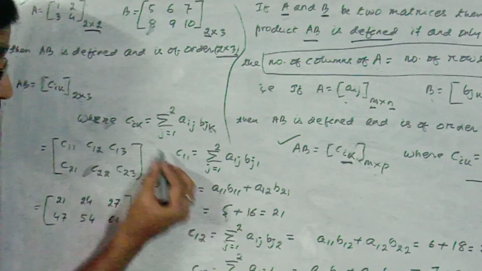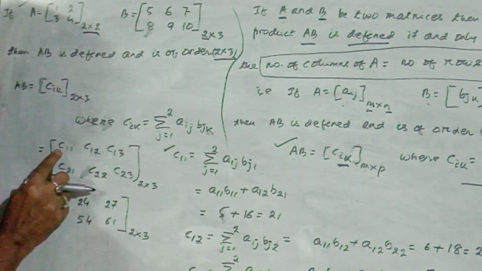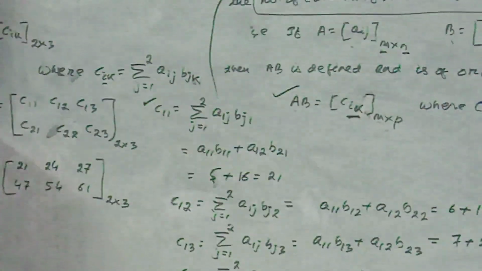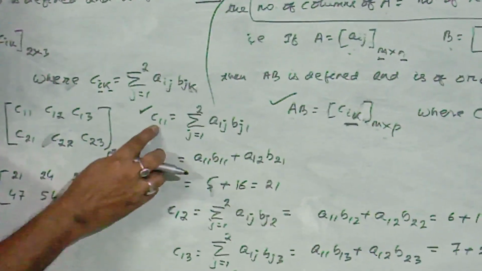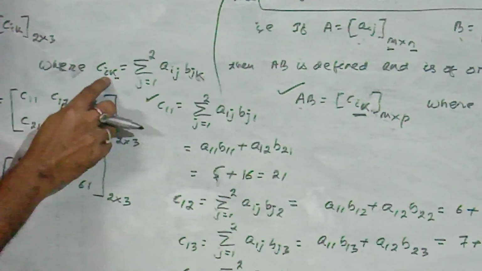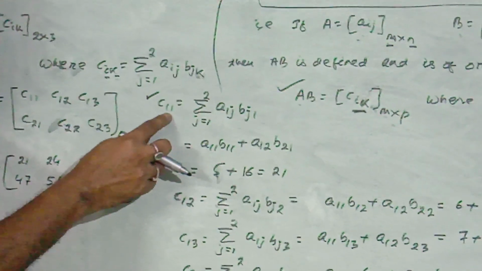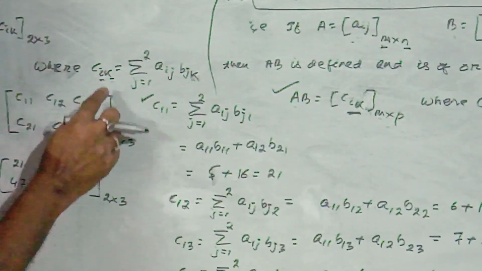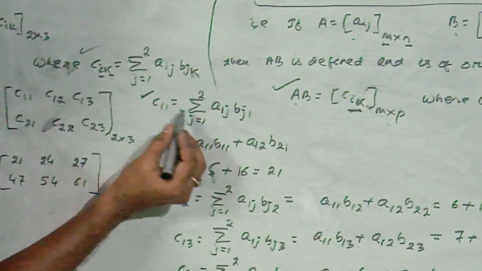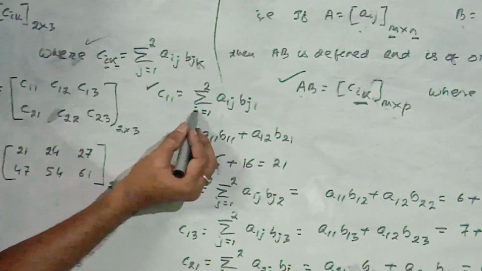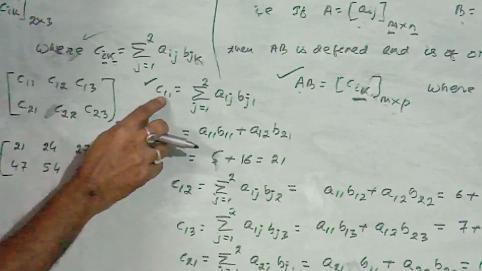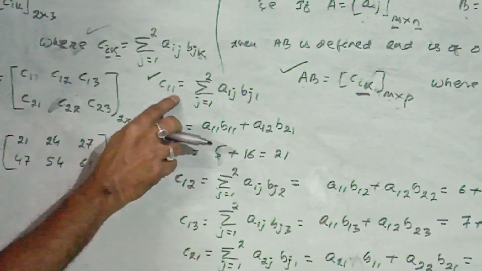Now, what will be the value of C11? For C11 we take i as 1 and k as 1. According to this definition, C11 must be equal to the summation, j varies from 1 to 2, and in place of i we take 1, in place of k we also take 1.